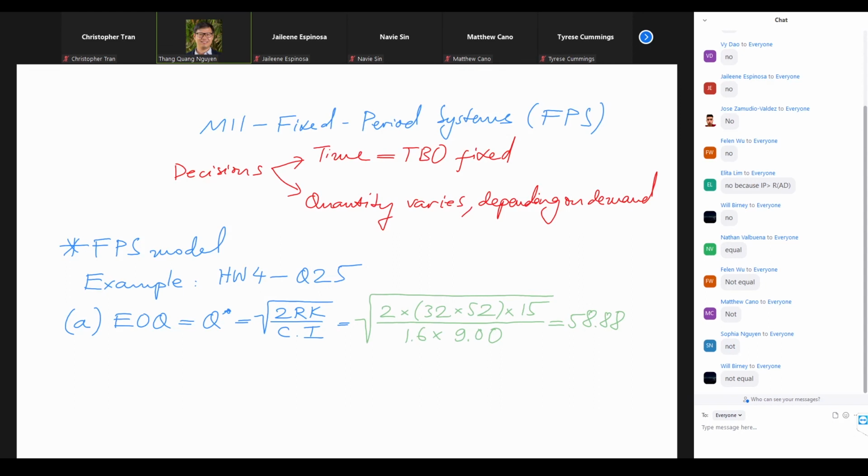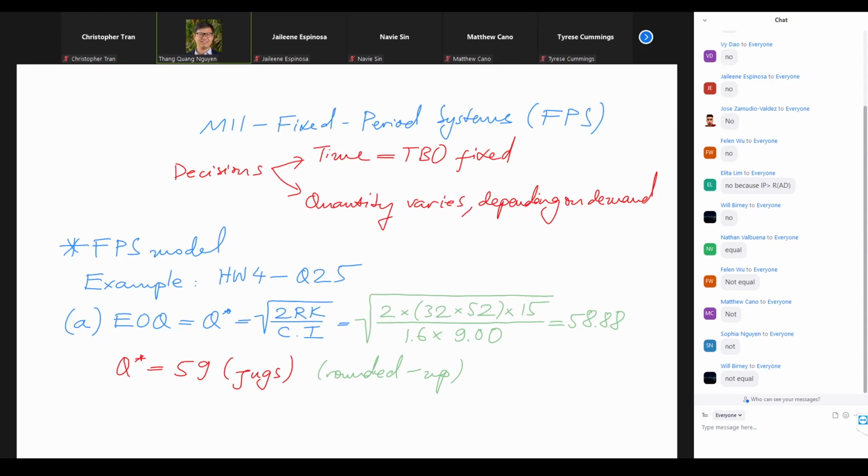So the Q star in this case is taken to be 59 jugs. And we round it up. So please follow the question instruction, right? If I say round up, then please do it. Otherwise, things will be off from the answer keys.